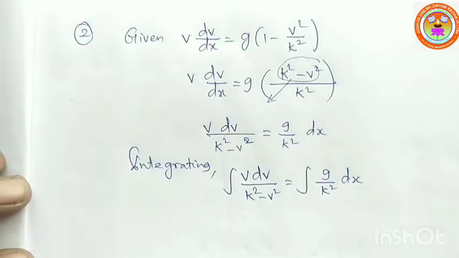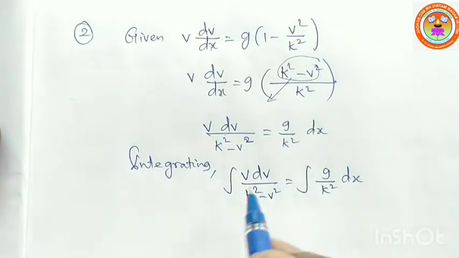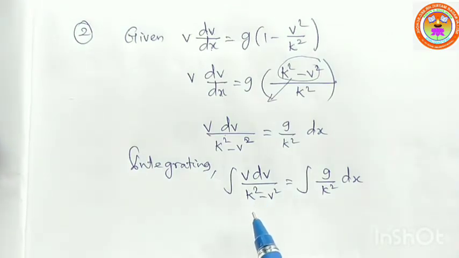See, in the first term, already in the previous question I said the differentiation of denominator is there in numerator. We can apply logarithm of denominator. See, k is a constant. So differentiation of any constant is 0.